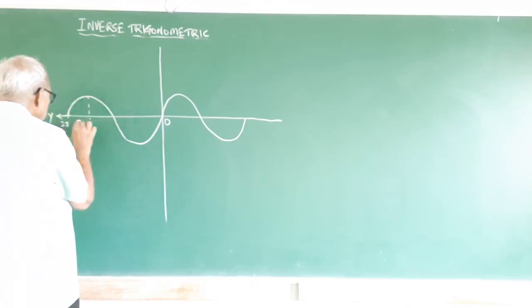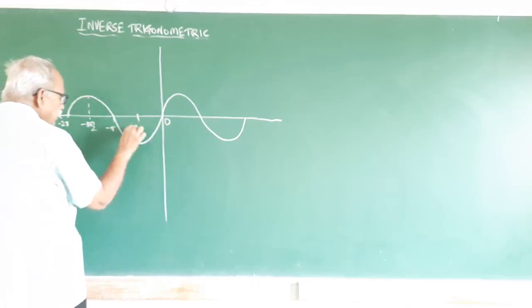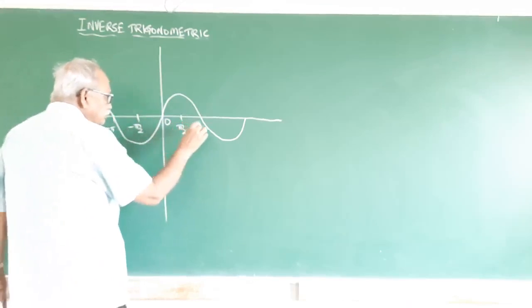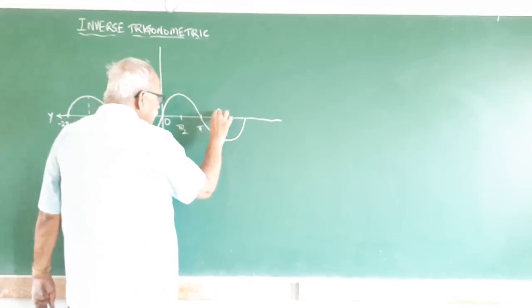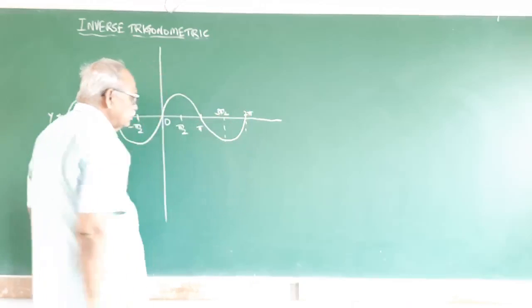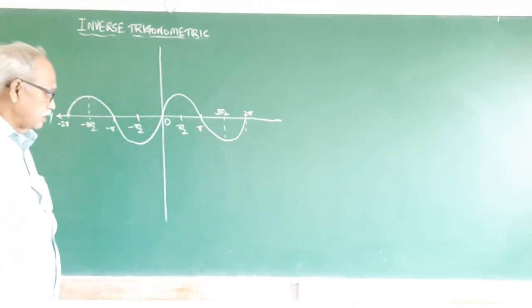This is minus 2 pi, minus 3 pi by 2, minus pi, minus pi by 2, pi by 2, pi, 3 pi by 2 and 2 pi. So this is the sine function that we have already drawn.